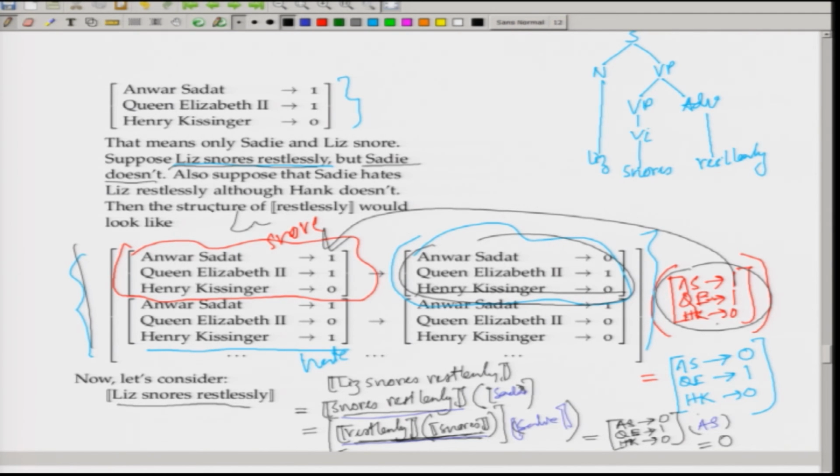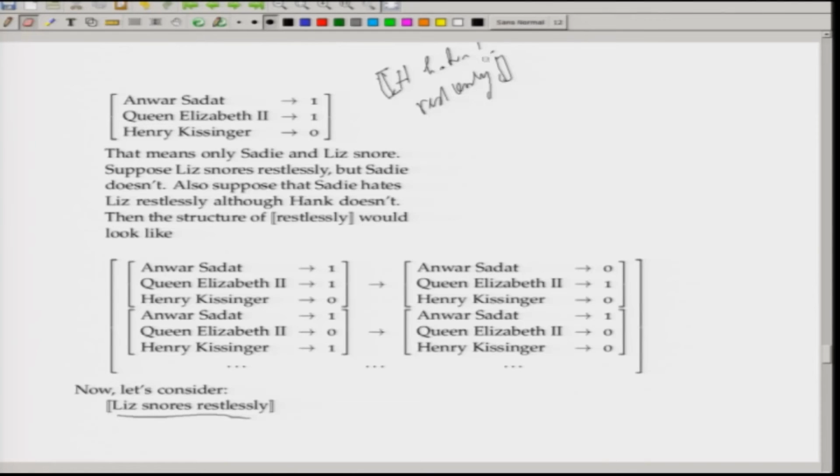We will consider, say, Hank hates Liz restlessly. We will consider this sentence now. So this is our next sentence, that is Hank hates Liz restlessly. First, the generation of this sentence, and it will look like something like this.